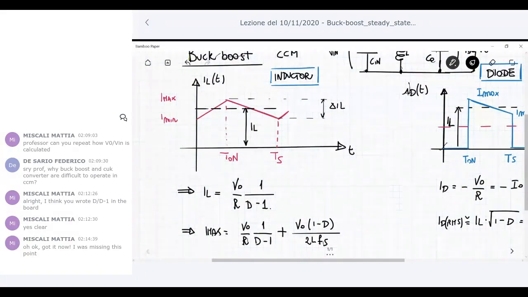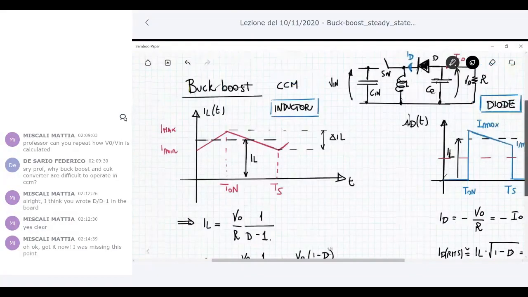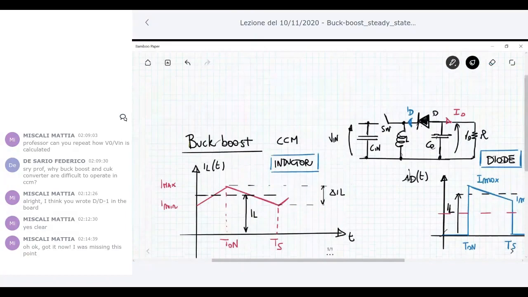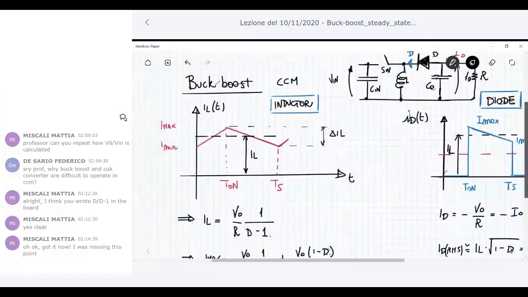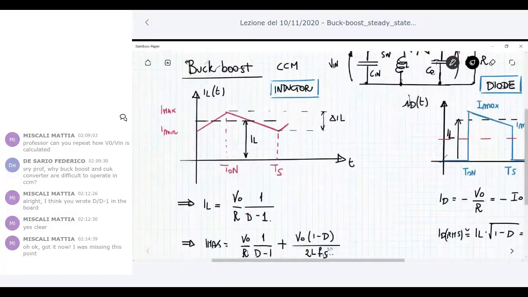Now move to the diode current. The diode current is the same as the inductor current when the switch is off, and so the current is given by this waveform here.